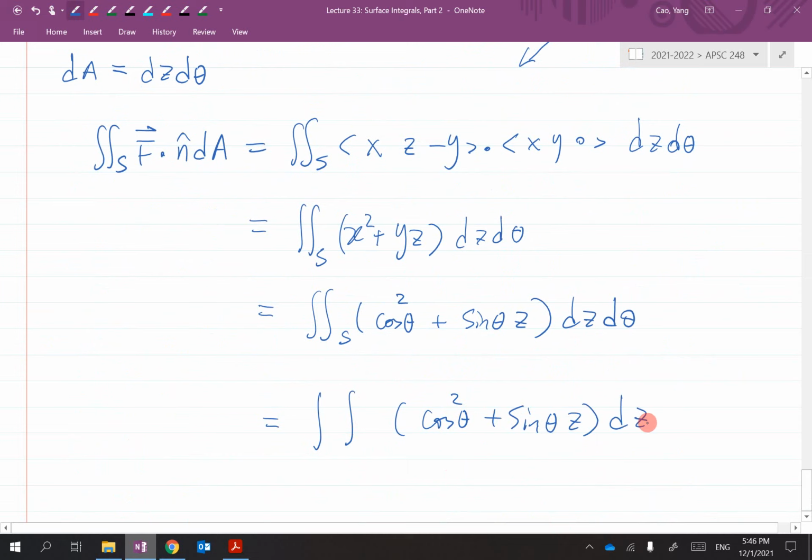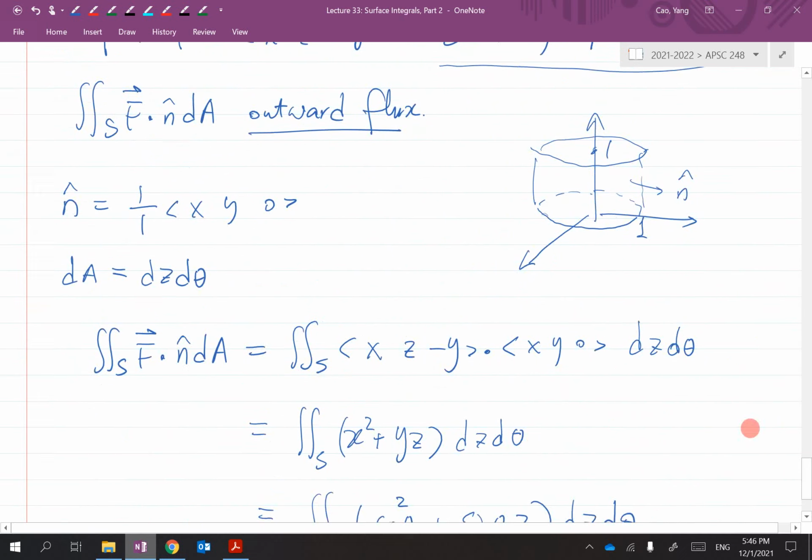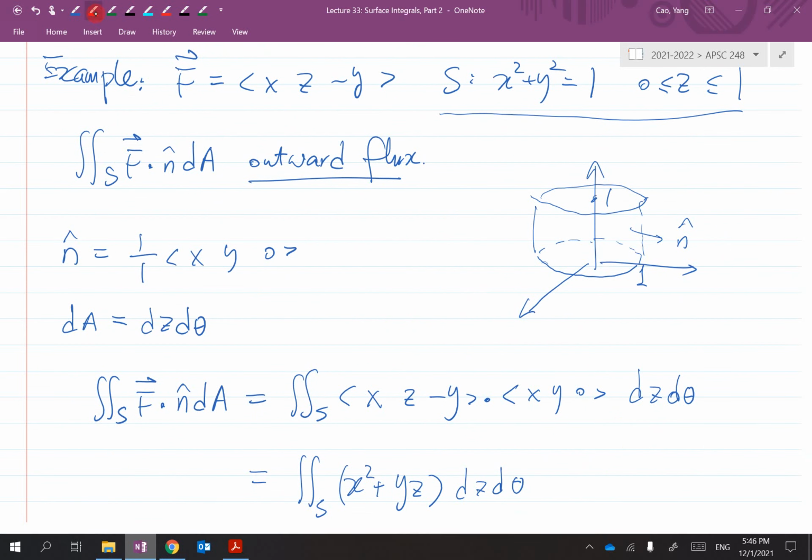In the order, typically it will be dz d theta first. So this is where you need to recall how to find the limits for z and theta when you're dealing with a triple integral using cylindrical coordinates. For z limits, you find the shadow of this cylindrical surface, and then you draw arrow lines in the z-axis direction.